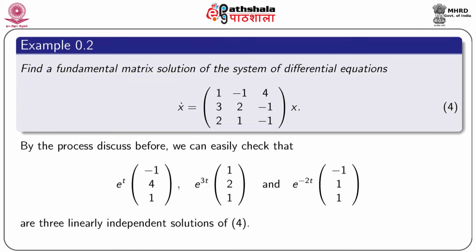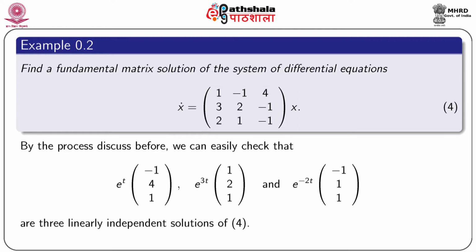Let us take another example where we have to find the fundamental matrix solution of the system of differential equations given by dx/dt equal to Ax, where A is equal to [1, minus 1, 4; 3, 2, minus 1; 2, 1, minus 1].